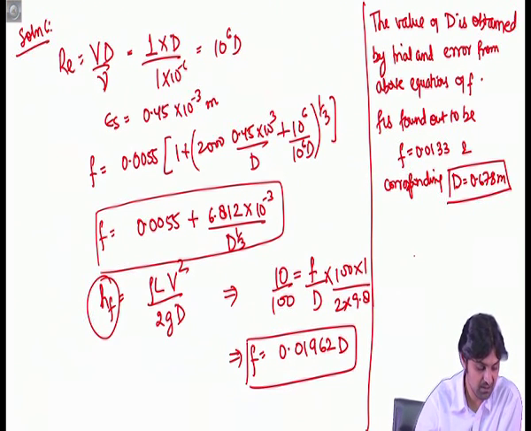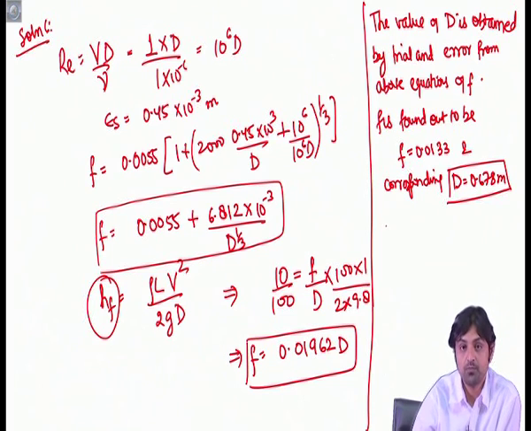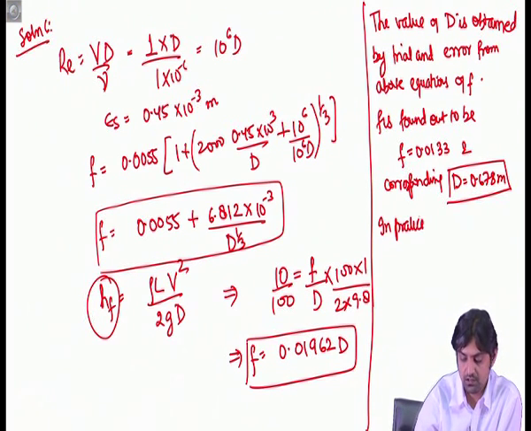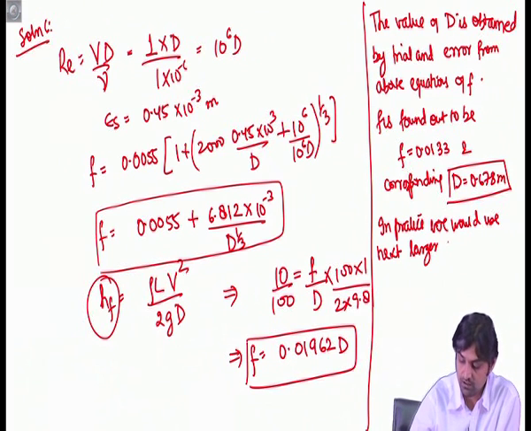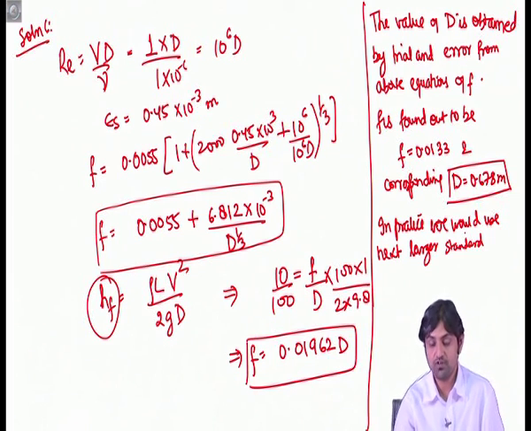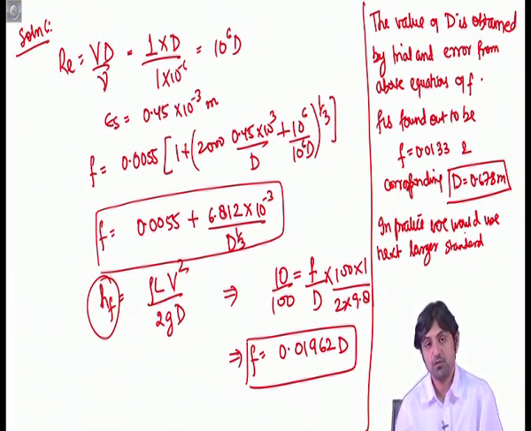All right. So if there is a practical problem, in practice we would use the next larger standard size, because it's very difficult to get a 0.678 meter pipe, maybe 0.7 meters is available.